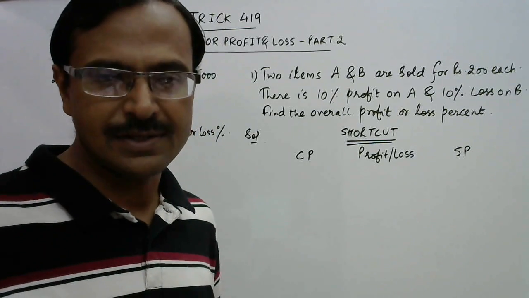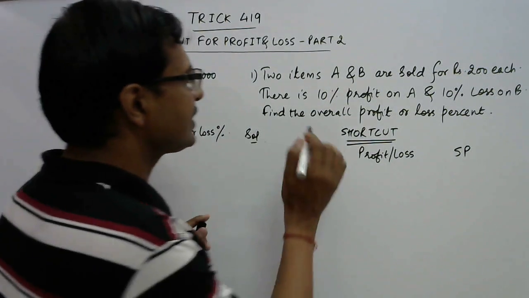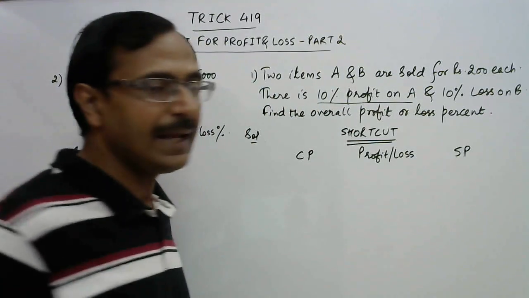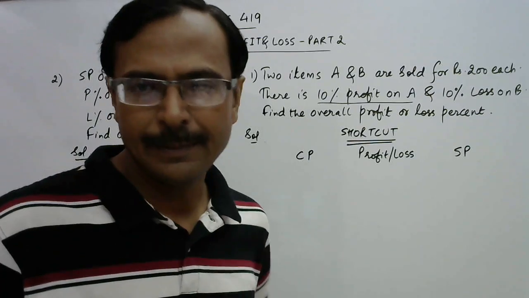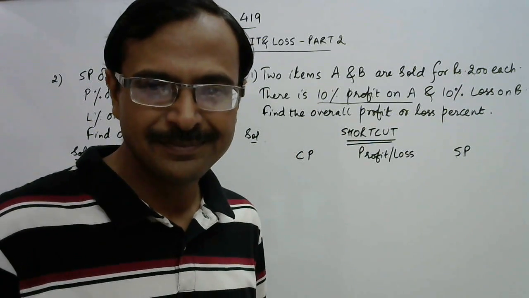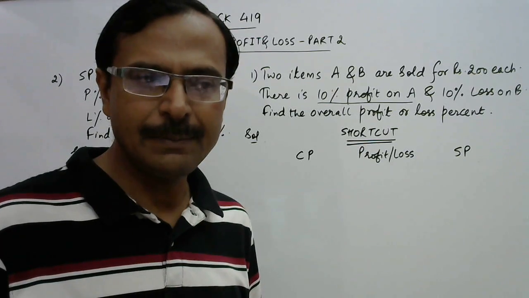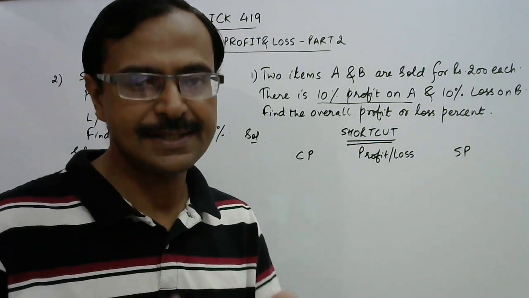Now what we do here is we will just simplify things. Now see, first item, 10% profit on first item. Now tell me one number whose 10% is very easy to calculate. See, 10% of 10 is 1, 10% of 100 is 10.